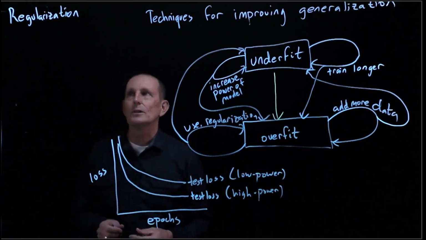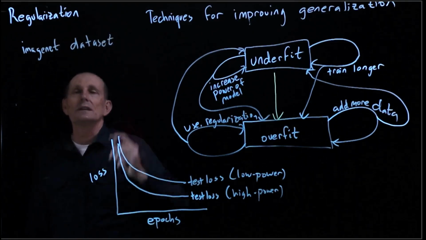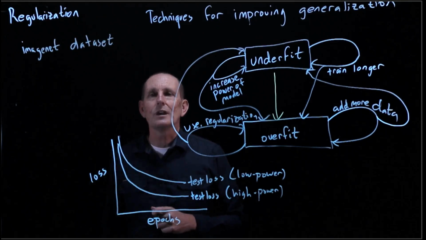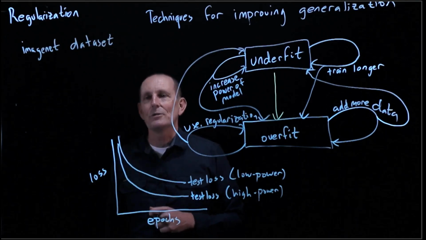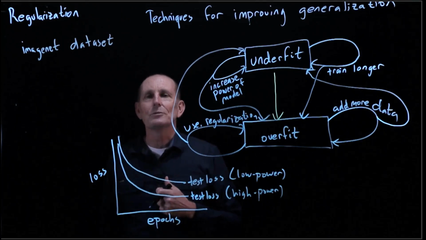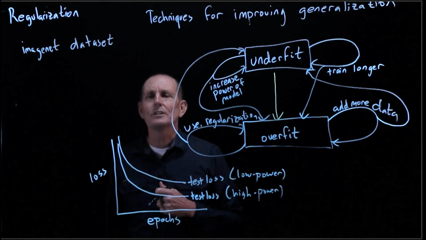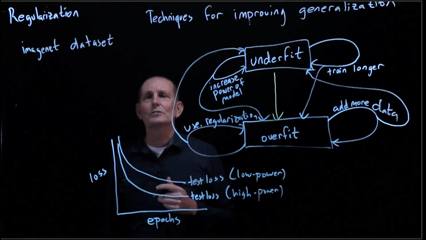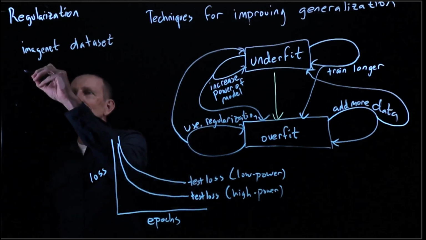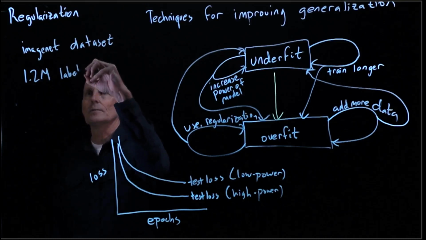So let me give you an example of a data set called ImageNet. This was used as a basis for competitions in the 2010s. Neural nets really started winning this, I think it was in 2013. So 2012, 2013, somewhere in there, and there were just substantial improvements over the next several years. But the ImageNet data set is about 1.2 million labeled images.